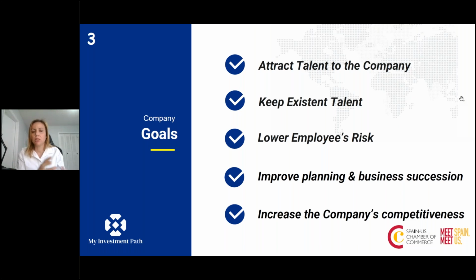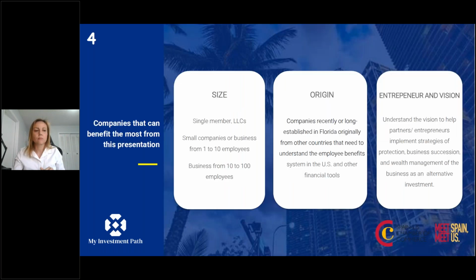What if something happens to my key employee? Or how am I going to lock that employee in? Or how am I going to cover any risk that I may have for that employee? How am I going to transition out? And at the very end, it increases the company's competitiveness because of all of these previous goals. So you're going to be better ahead to recruit, keep this talent, and have all those employees, or yourself, if you're by yourself, doing much better because all those concerns are taken away from you.